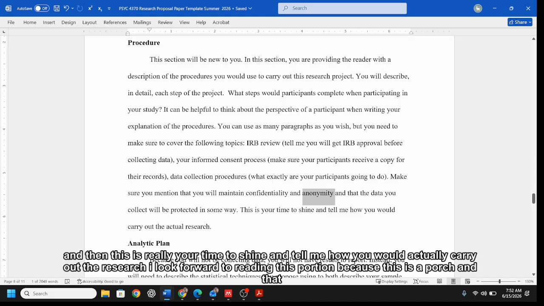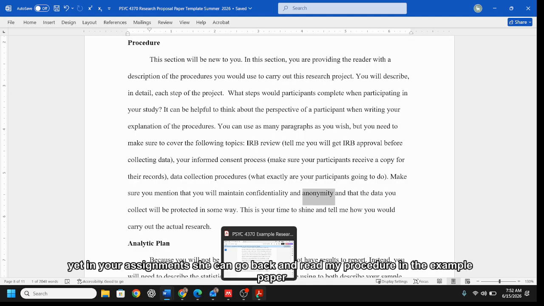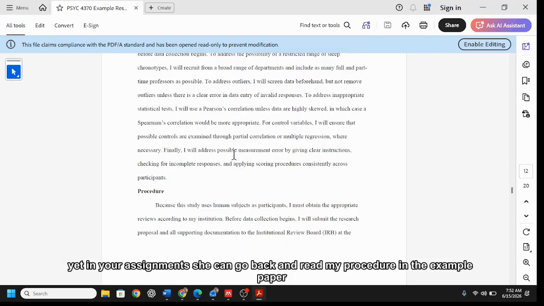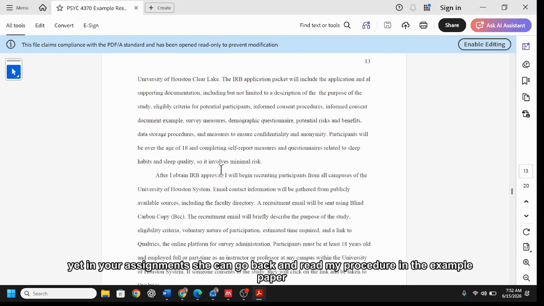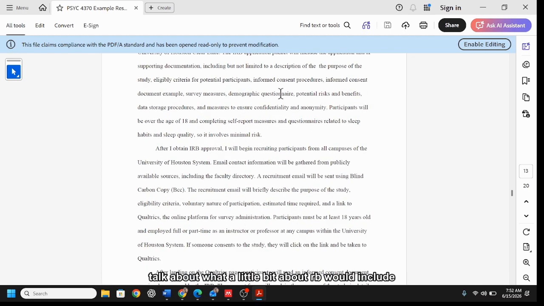And then this is really your time to shine and tell me how you would actually carry out the research. I look forward to reading this portion because this is a portion that you've not submitted to me yet in your assignments. So you can go back and read my procedure in the example paper. You can see it's several paragraphs. I start saying that I'm using human subjects, so I have to go through IRB, and talk a little bit about what IRB would include.